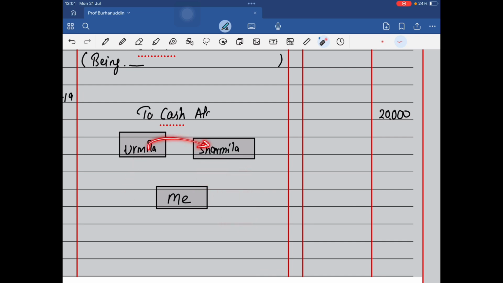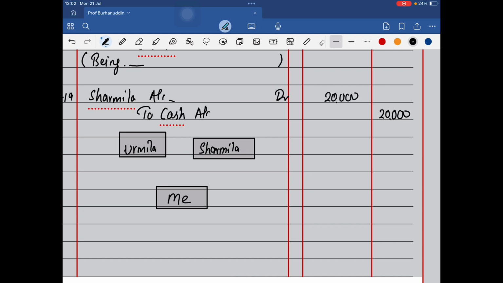She will give it to me. I said okay. So in this situation, I actually paid to Urmila and she will be paying it to Sharmila. So ultimately, I paid to Sharmila. So whenever you have on behalf of something, we have to write Sharmila. The person who will ultimately be benefited with 20,000.